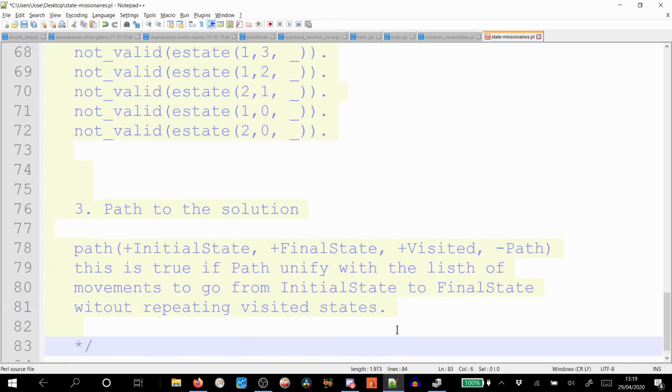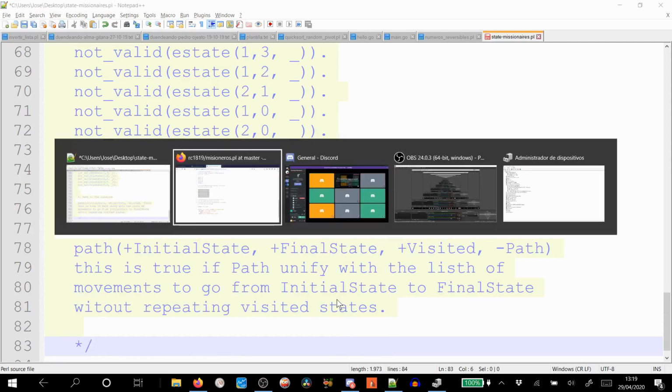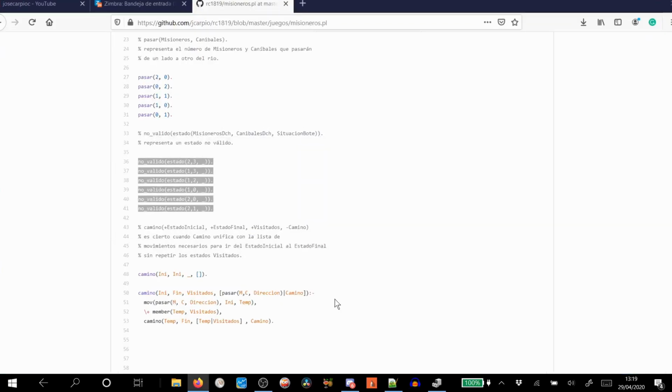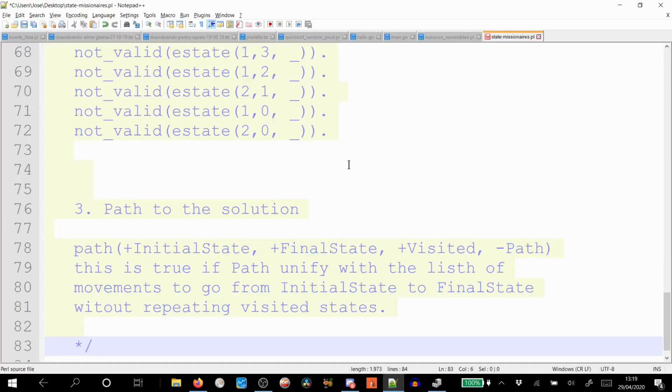The idea of visited is not to repeat the same state. Think, for example, about a cannibal going one way and back to the same position, or taking one missionary from right to left and then back to the right, always doing the same. We don't want to repeat the same state, so to avoid this repetition we use this list of visited states.